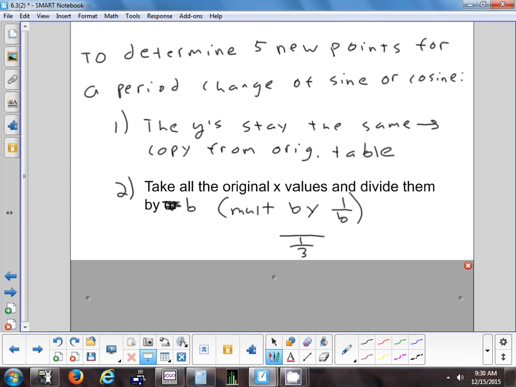So whether you want to divide by 1/3 or multiply by 3, that's going to be the same thing. It just might be easier, when we have to divide a fraction by a fraction, to think of multiplying by the reciprocal. That's all I'm saying here.